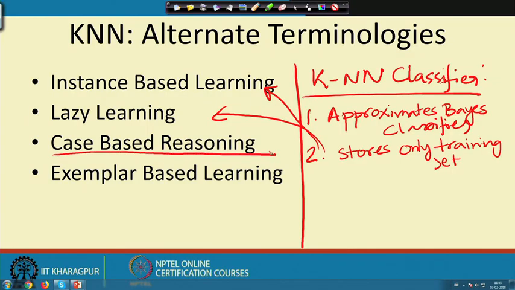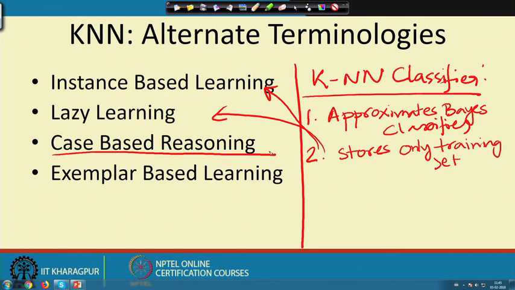A doctor remembers all the previous patients and their diseases, and when a new patient comes, finds the most similar cases seen before and gives the same disease. This paradigm is called case based reasoning. It is unlike logical reasoning, where we use some rule and deduce. In case based reasoning we use analogies, we use previous examples.